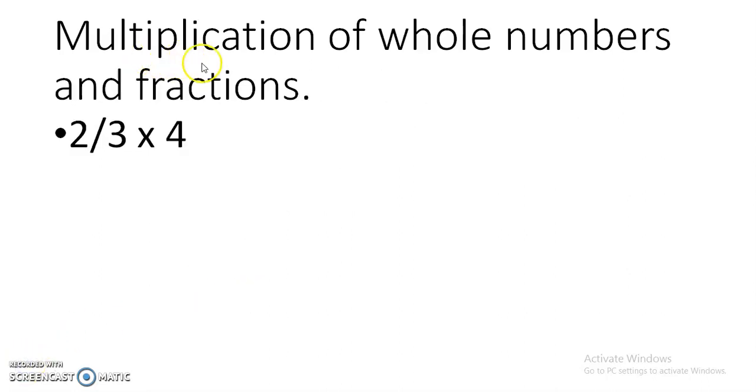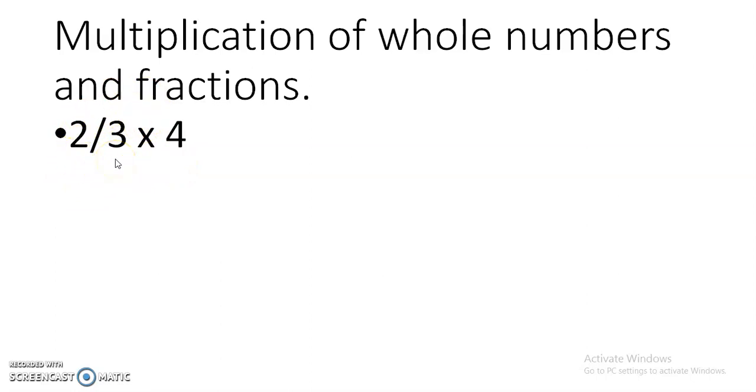We proceed to multiplication of whole numbers and fractions. So right now you have 2 upon 3, which is a fraction, multiplied by a whole number, that is 4. To multiply a fraction into a whole number, let us see what is multiplication again.